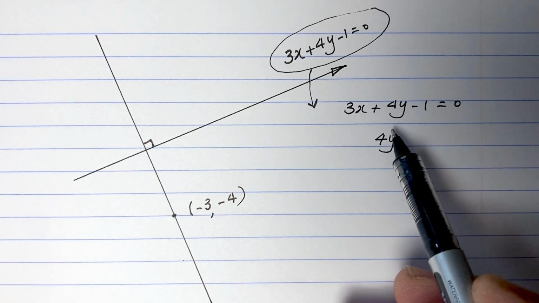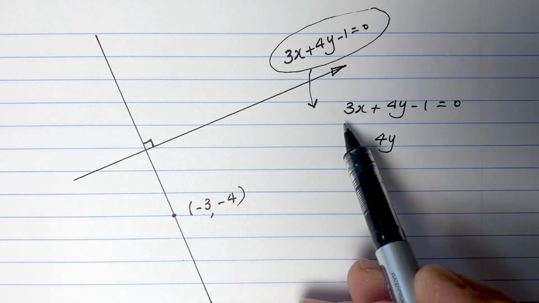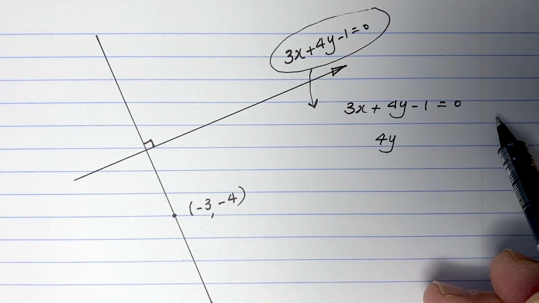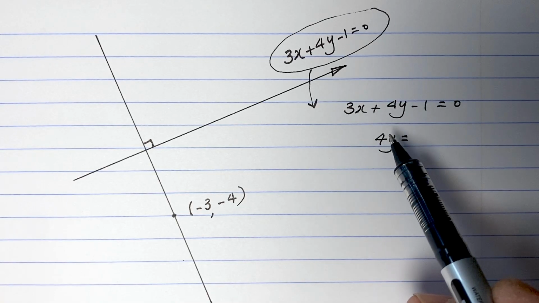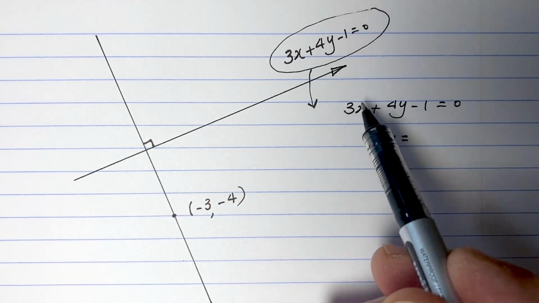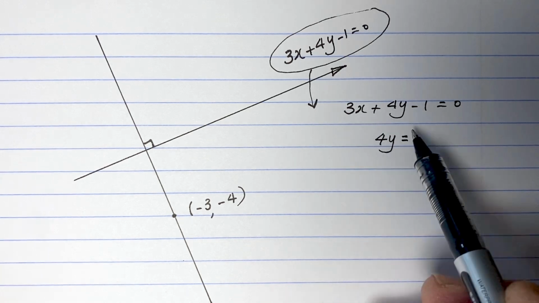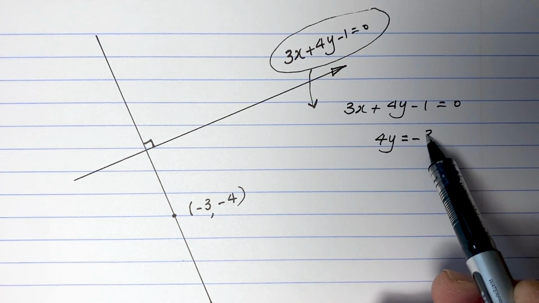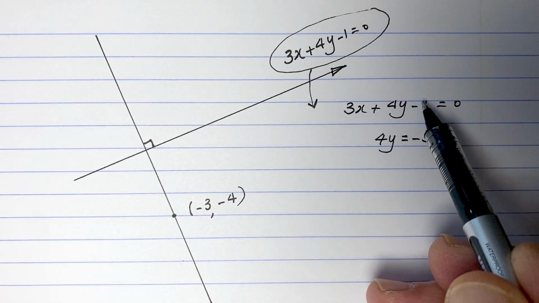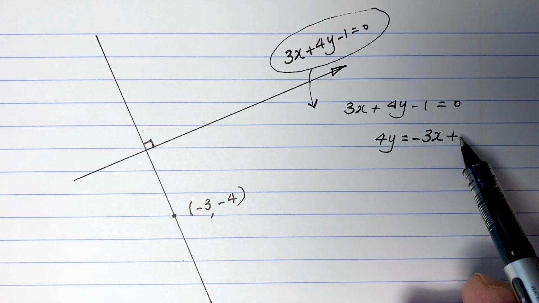Change side, change sign, or balancing both sides by writing minus 3x plus 1 on both sides. Change side, change sign is just a quick way of doing what we do by balancing the equation. 3x moves to the other side and becomes minus 3x, and minus 1 moves to the other side and becomes plus 1.